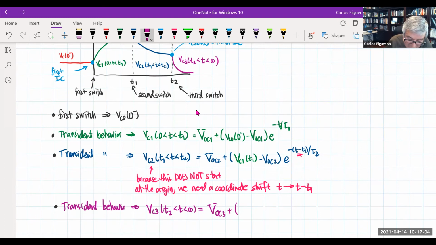But that initial condition is what the final value is of the previous interval. So then I got to go back to the blue here. And this guy's got to be VC of 2 at what? At T2. And then I come back and I have VOC3, and then I have e, but now there's a different shift. It's not at T1, it's shifted all the way to T2. So then I got to go T minus T2, and then I have a new time constant.